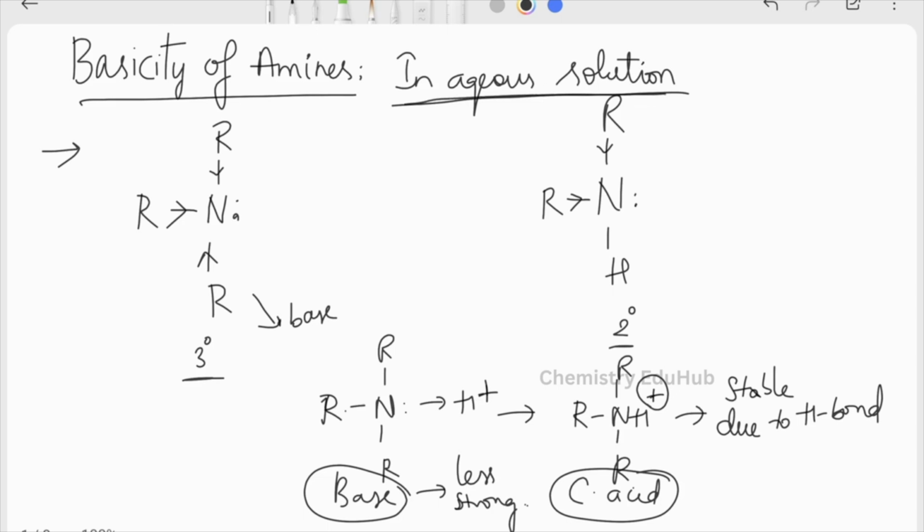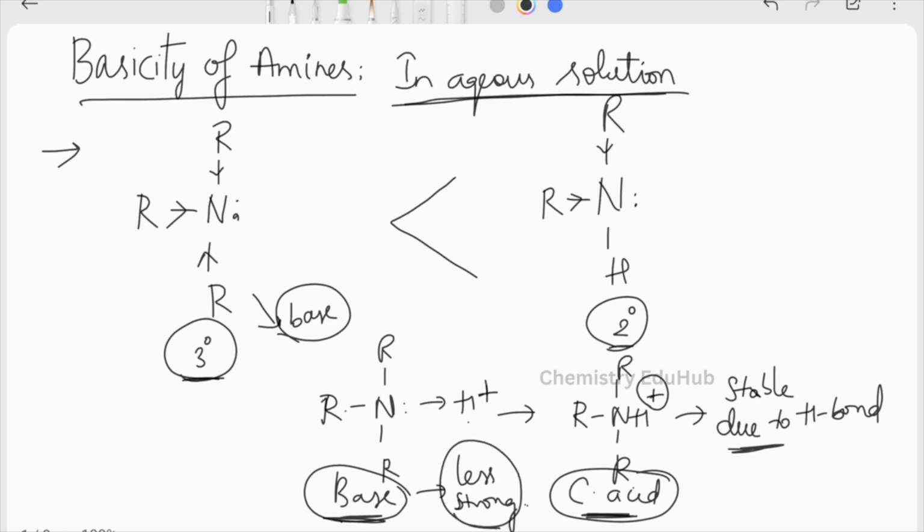In case of aqueous solutions, tertiary amines are less basic compared to that of the secondary amines. The reason behind this is whenever a base accepts a proton, it turns into conjugate acid. Now if the conjugate acid is stable for any reason, here the reason is due to hydrogen bond, then the corresponding base is going to be weak or less strong.